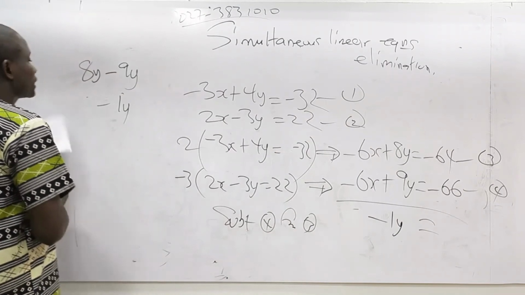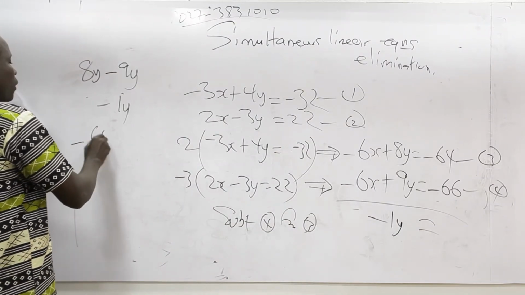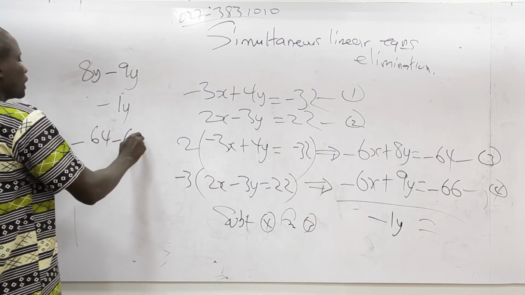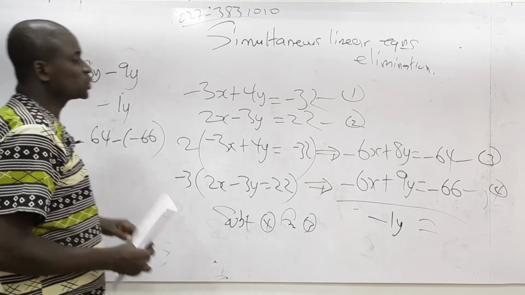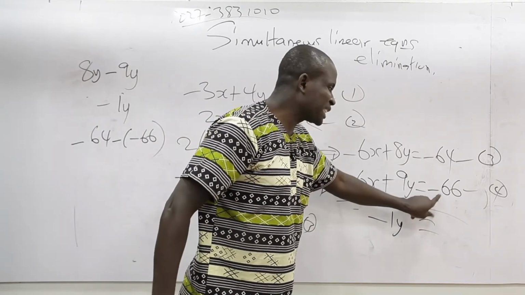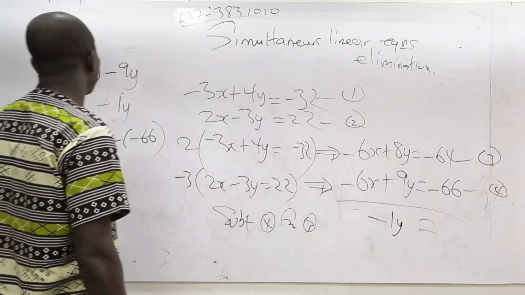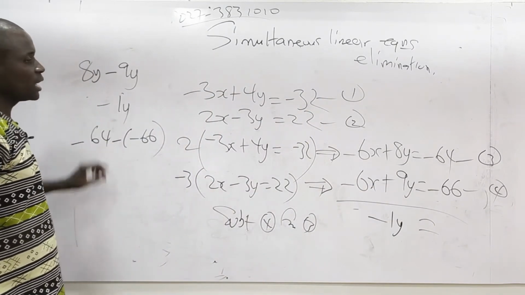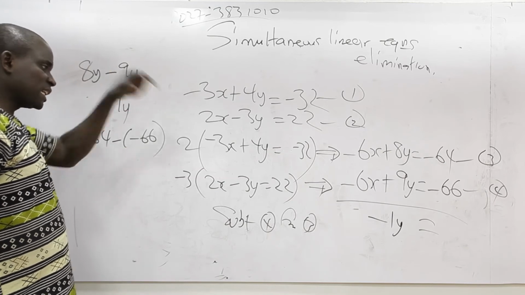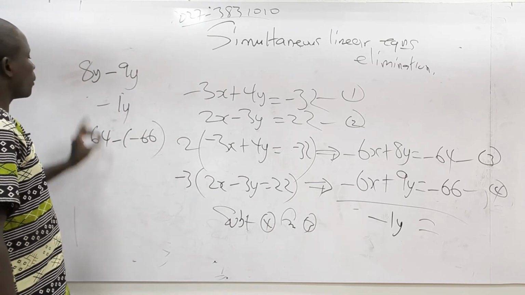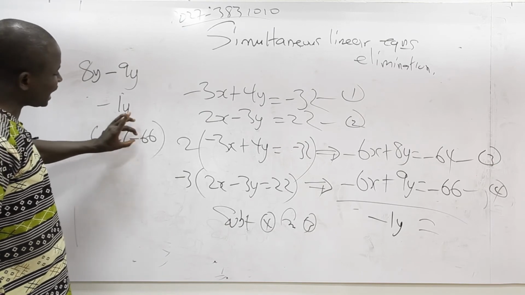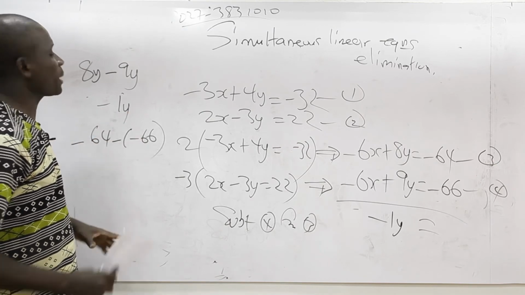Then the top is what? Negative 64 minus negative 66. Here, minus has occurred again. So anytime you see a minus here, then it will tend to minus. But one of them is that you are subtracting. That's why you are seeing this. And then this one means that the figure is negative, so it becomes negative. You are subtracting, and the negative sign is integral to the number itself.